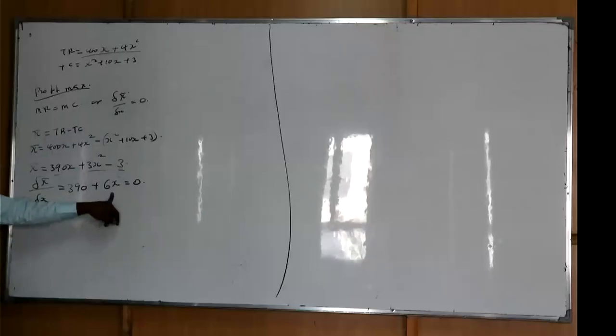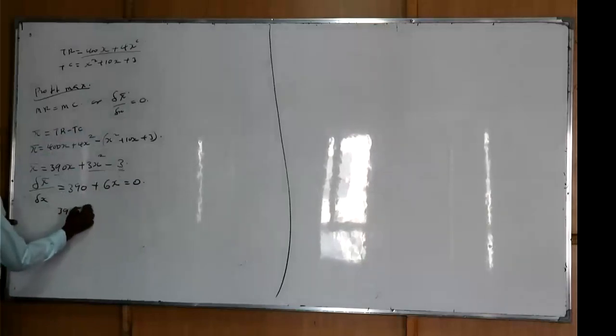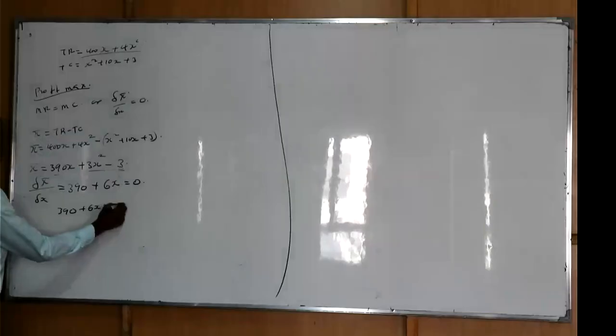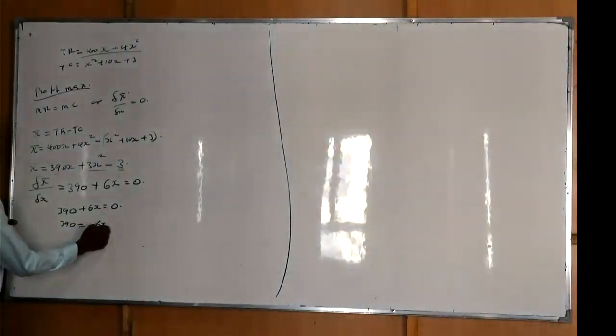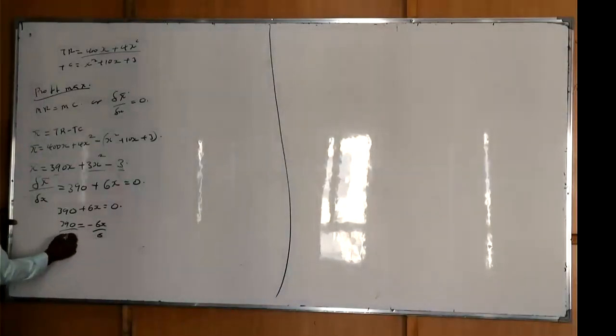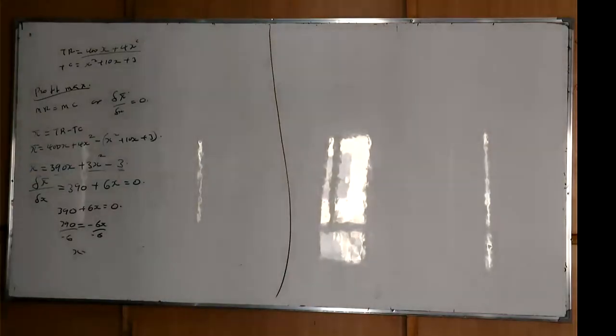So 390 plus 6x is equal to 0. To get the value of x, 390 is equal to negative 6x, divided by negative 6. x is equal to, let me confirm the equation.